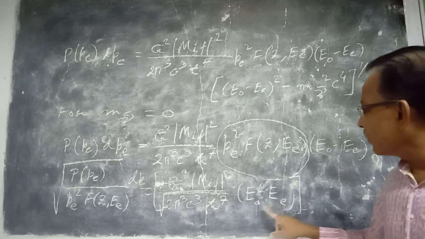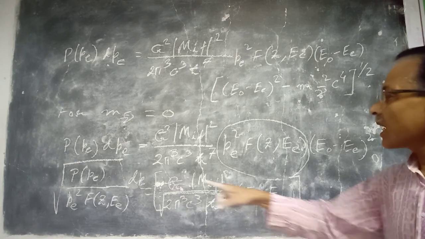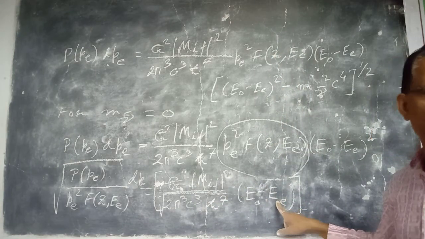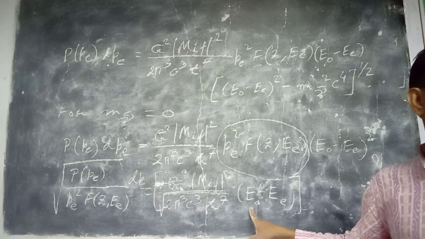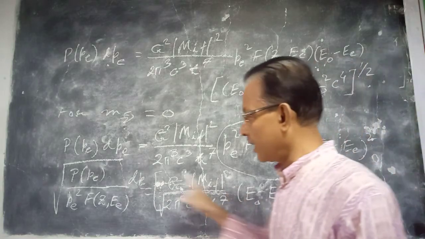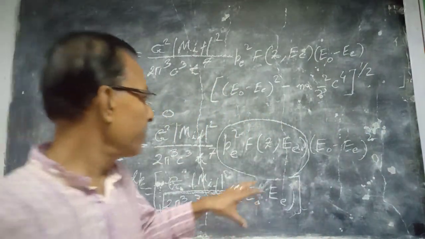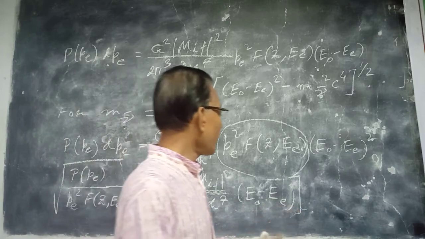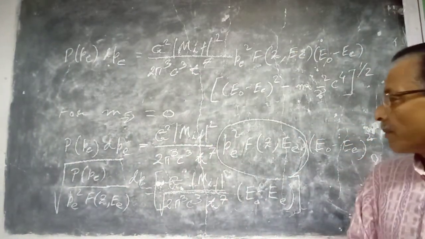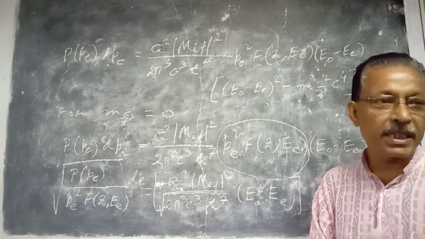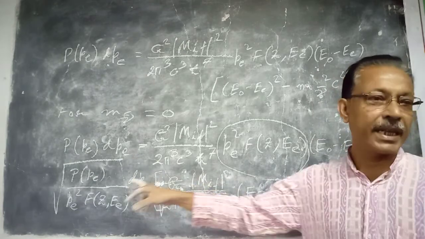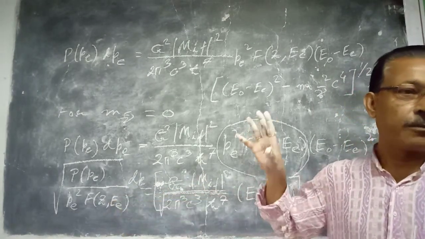Then this straight line cuts the energy axis at the value E0, the end point energy. From this formula, if the calculated theoretical value matches and is consistent with the experimental value, then it is said that Fermi's theory of beta decay for allowed transitions is correct.